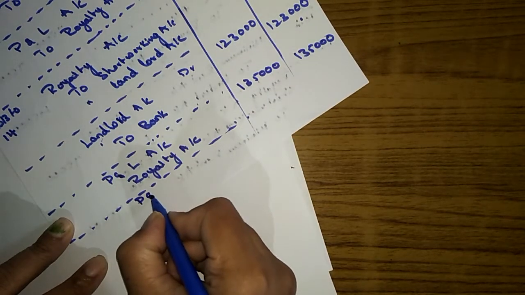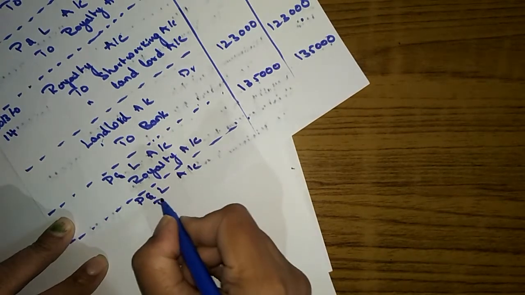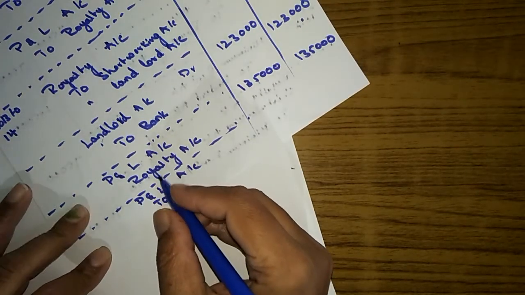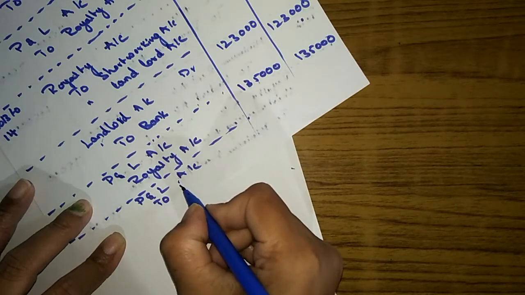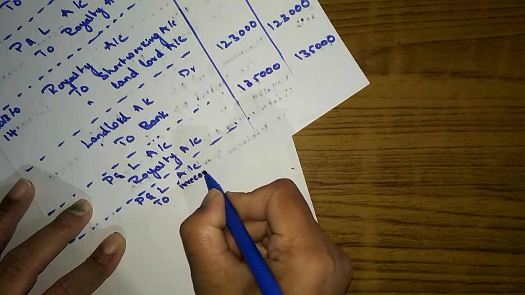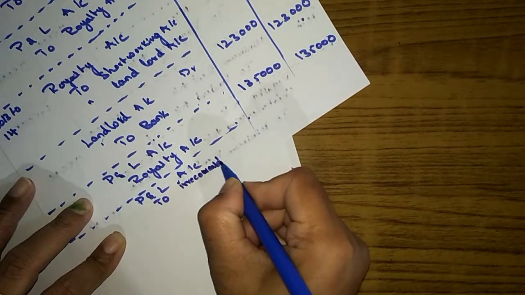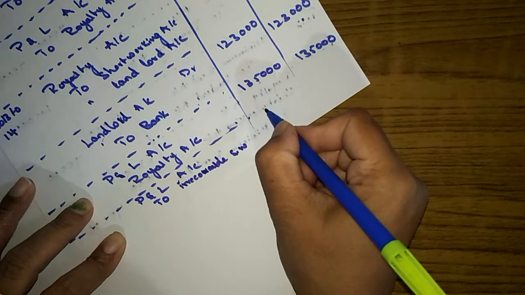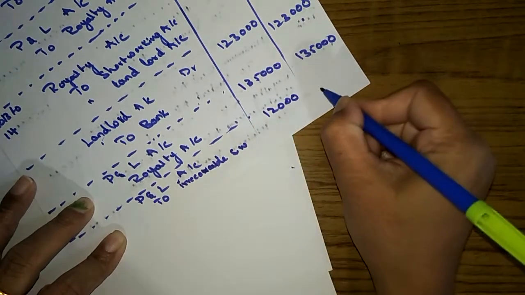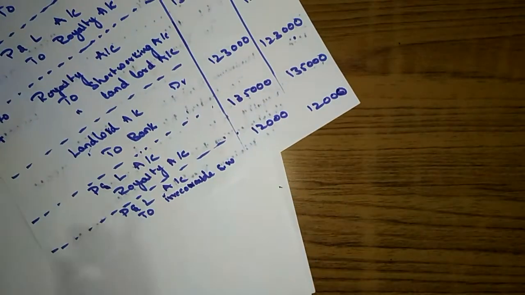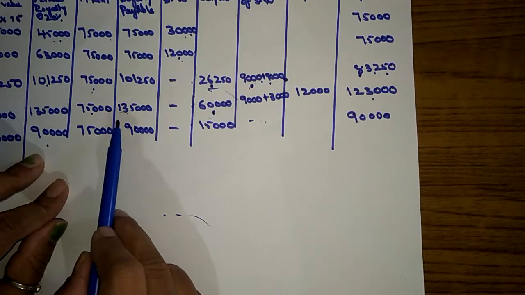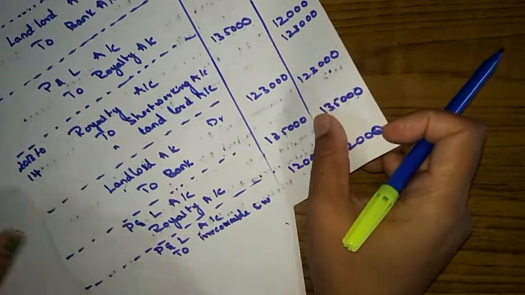Yes, P&L account to, how much is that? Yes, it's 12,000. Irrecoverable short working. It was 12,000. If you see here, it was 12,000. So is it clear? Okay.